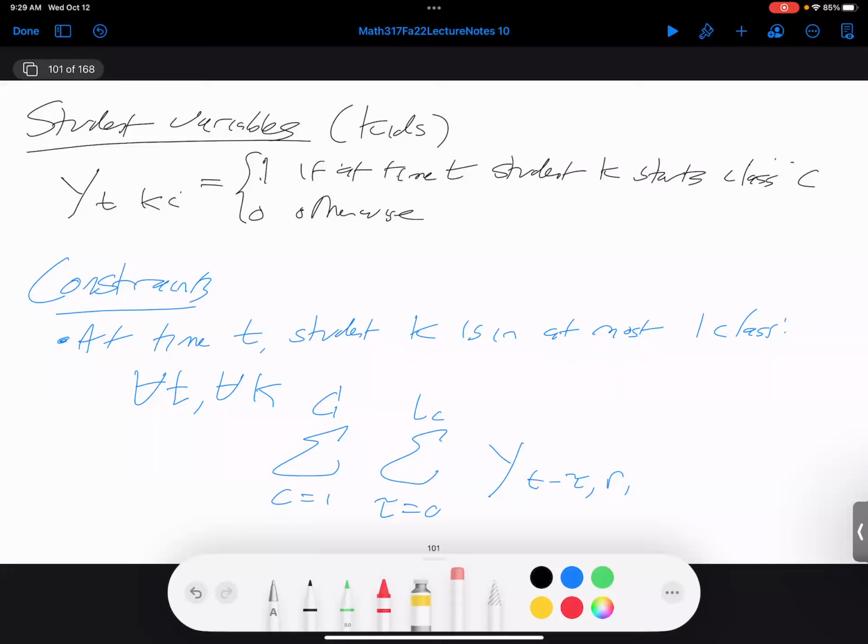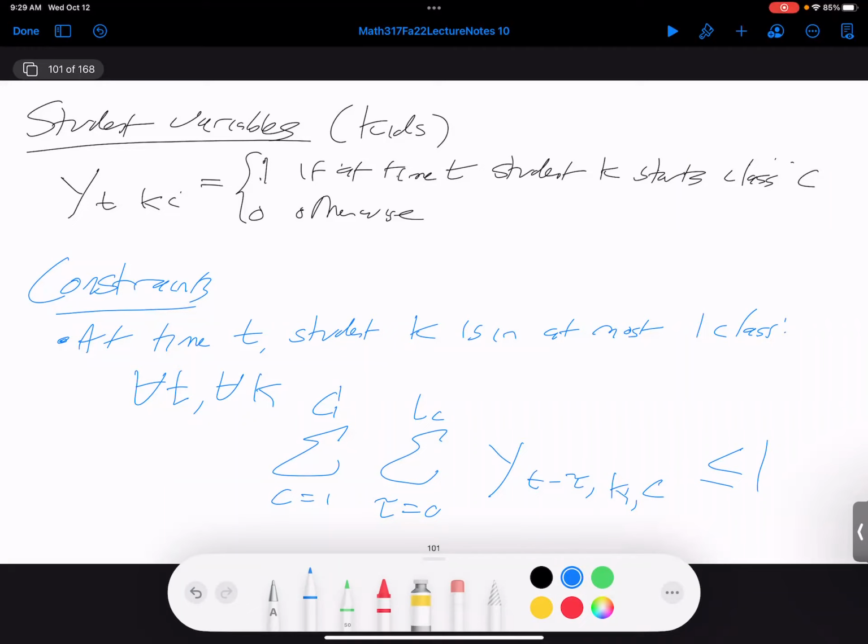And then down here, we have at some time t, or t minus 1 or t minus 2, all the way up to the runtime of that class, student K has started that class. And what must be true about this sum? Less than or equal to 1. So this will guarantee that a student is in at most 1 class at a given time.